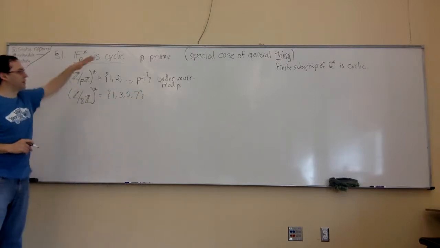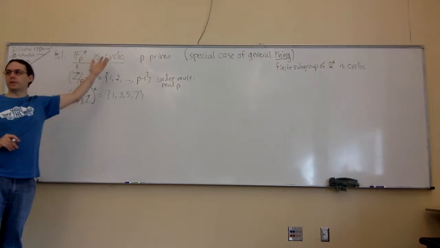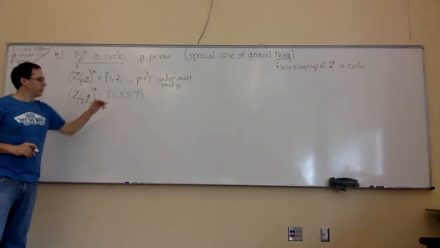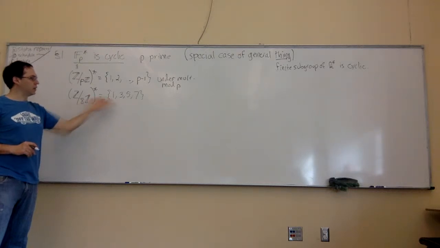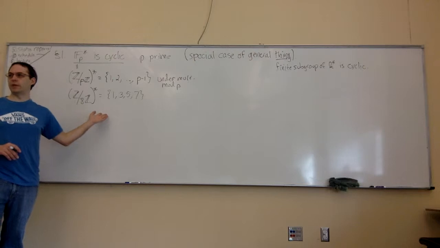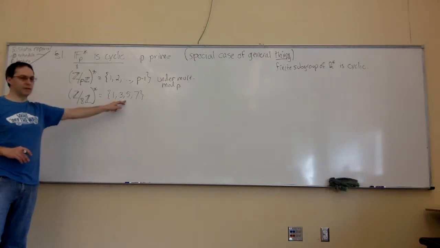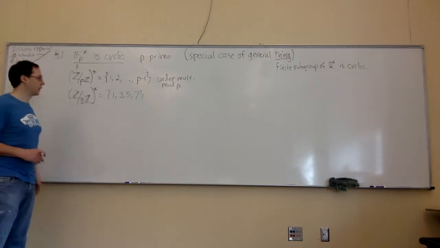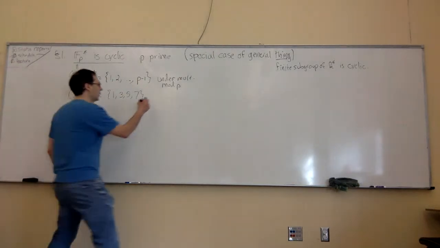If it's not prime, that's not necessarily true. It need not be cyclic. For example, here, each of these elements, when you square it, you just get 1 modulo 8. 3 squared is 9, which is 1 modulo 8. 5 squared is 25, which is 1 more than 24. 7 squared is also 1 modulo 8. So this is not cyclic.